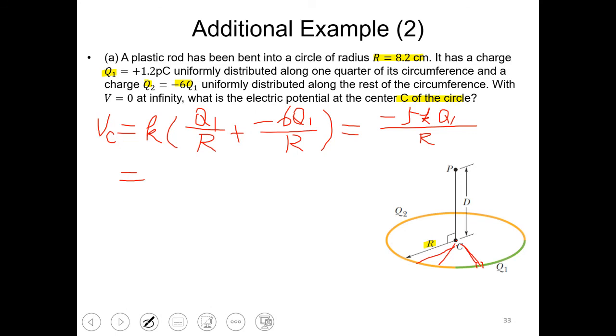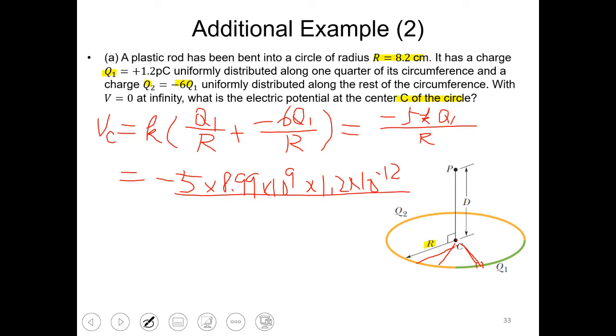So actually this one should be minus 5 times K is 8.99 times 10 to 9, and then Q1 is 1.2 times 10 to minus 12 over R is 0.082.